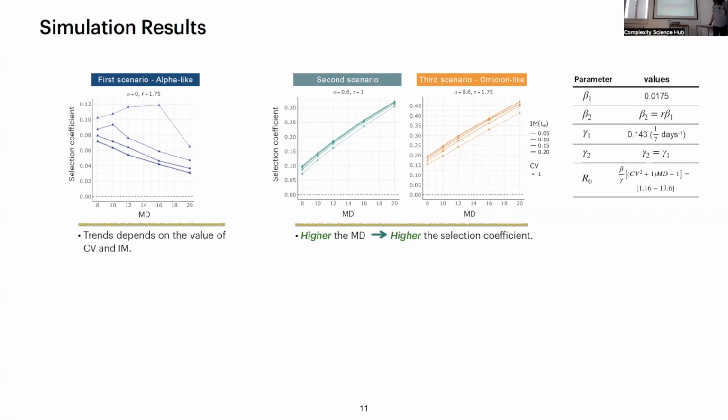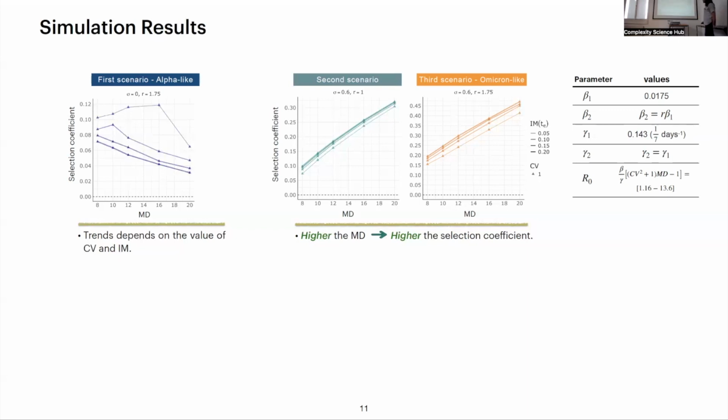I will come back to this later when I refer to empirical analysis, because now it seems that mean degree has a complicated behavior, but this complicated behavior manifests itself somehow in our empirical data analysis.